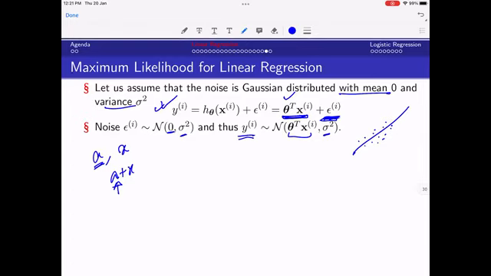Any questions from Rishabh Chaudhary? Yeah, Rishabh Chaudhary, I have asked you. Yes, sir. So let us say if xi is coming from some other distribution, say Laplace distribution, then what will be the resulting distribution?